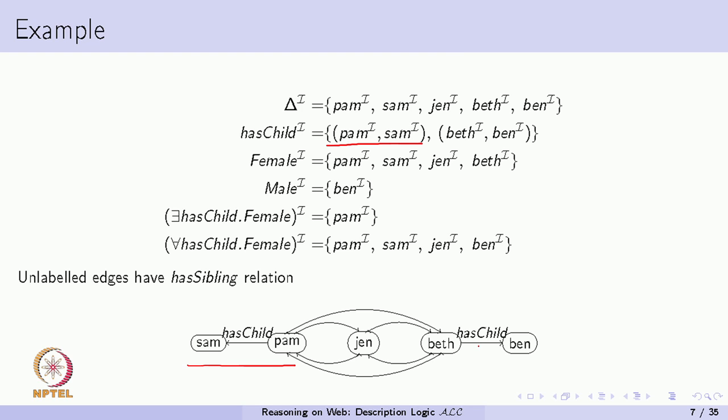And then we have these classes: somebody who has a female child, and it turns out that Pam has a female child because Sam is female. So, this class which is defined by this existential quantifier has one member in it.